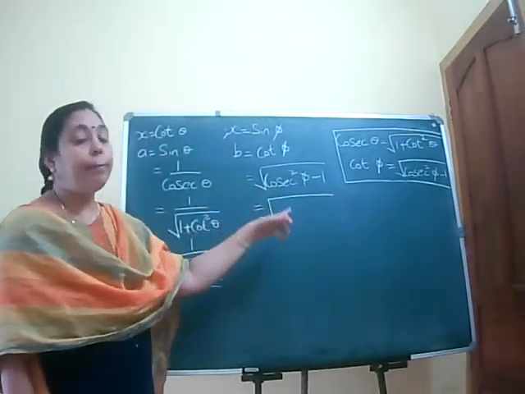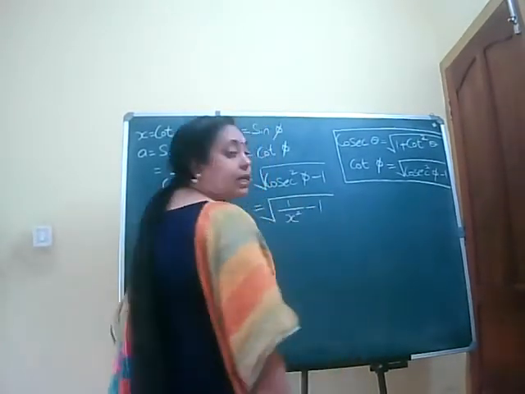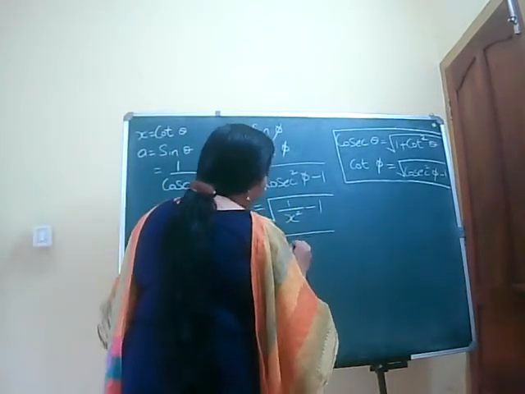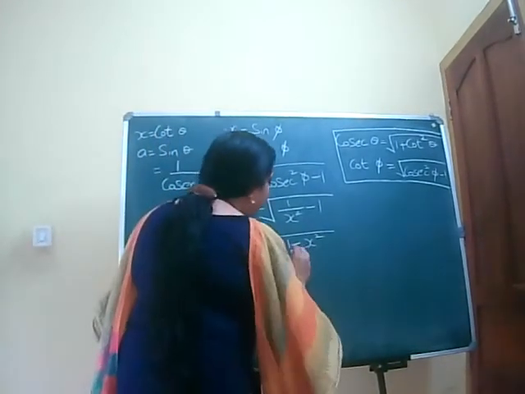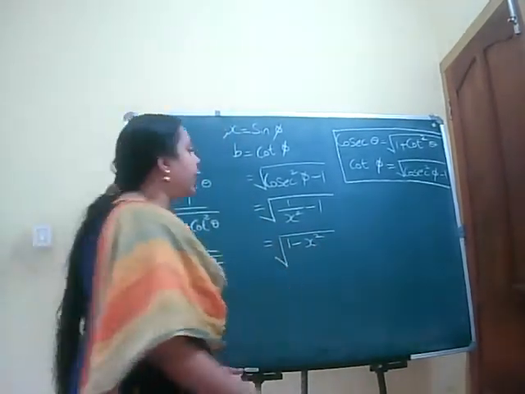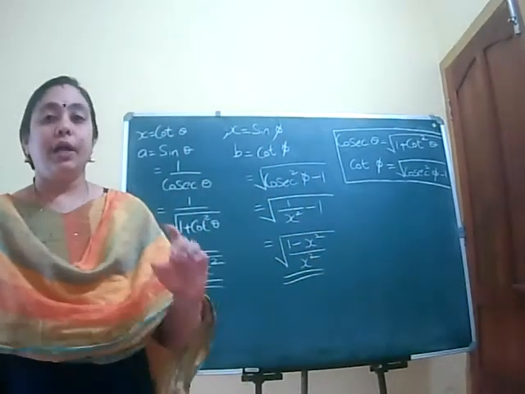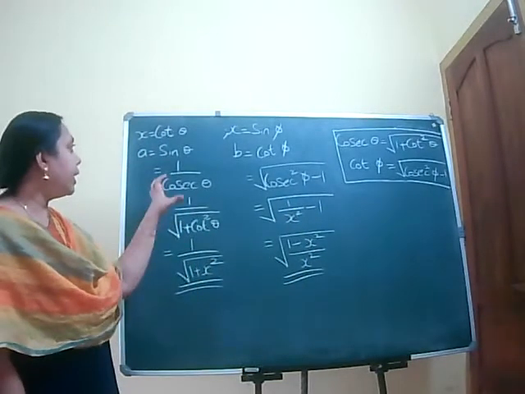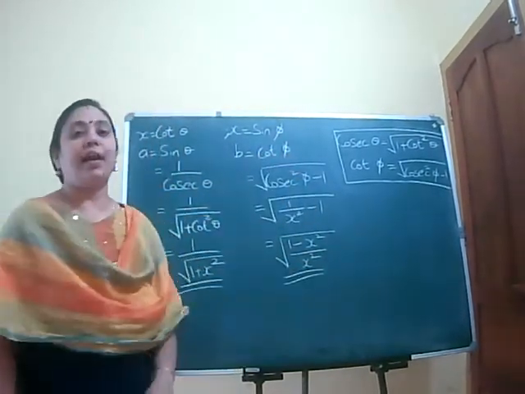So B becomes square root of 1 by x square minus 1, that is square root of 1 minus x square by x square. Now we have converted A into the terms of cot theta and B into the terms of sin phi.